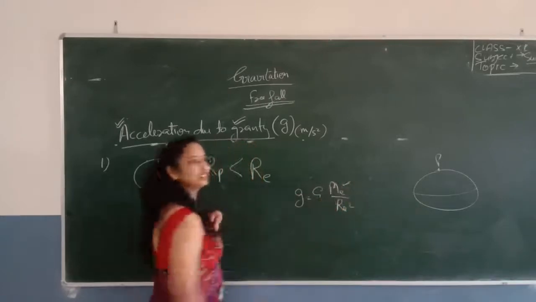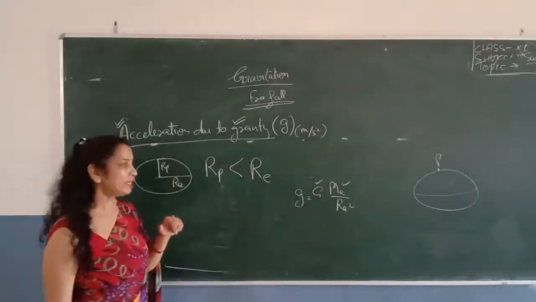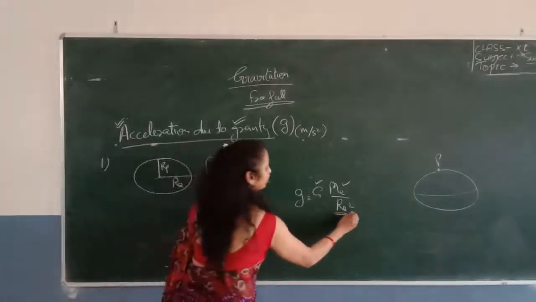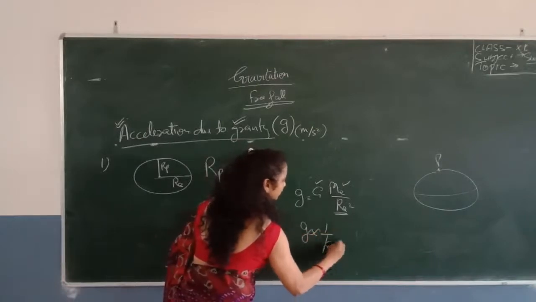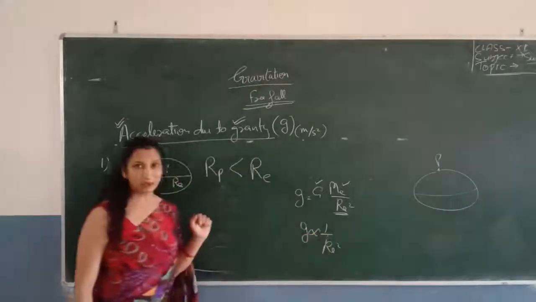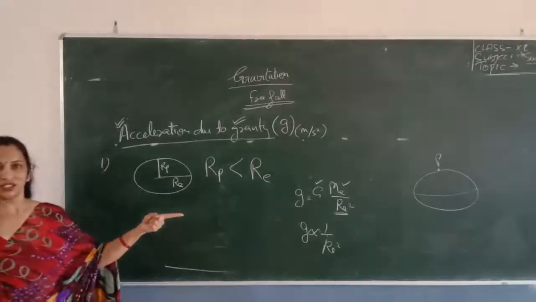Here the mass of the earth is not changing. G is also not changing, but the radius changes. As g is inversely proportional to the square of the radius of the earth, by increasing the radius, we decrease the value of g.